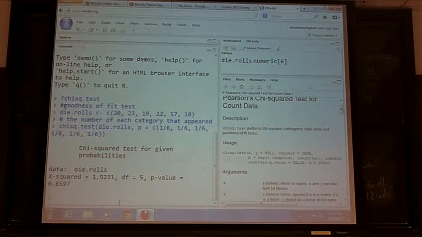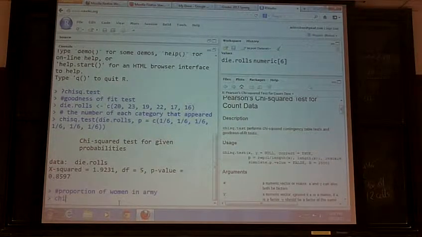And you can change that up however you want. If we want to do the chi-square test for the proportion of women in the Army, okay, so we could do chi-square.test, and here I can just put in directly the data that I observed.